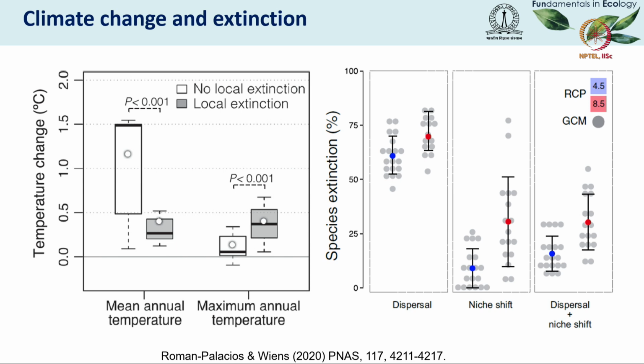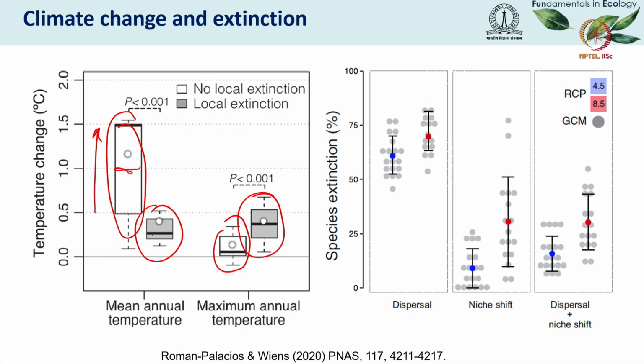If you look at locations where there has not been extinction versus locations that have seen local extinction, represented by those grey bars there, counterintuitively, places where there have been no local extinctions, mean temperature change has actually been higher than places that have local extinction.